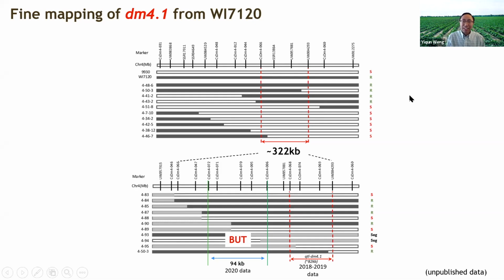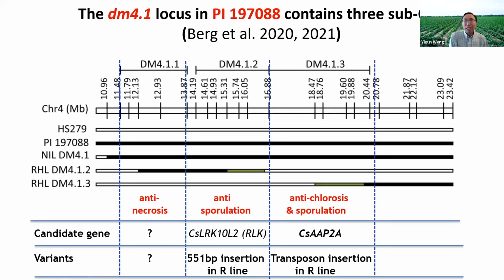But actually, that's not necessarily something wrong, because recently another group working on PI 197088 on the DM1 suggested there are actually 3 subloci at the DM4.1 locus, which are very close to each other, and they identified candidate genes for 4.12, which is a receptor-like kinase, and 4.13, which is an amino acid transporter, and the polymorphism is a 551 bp insertion.